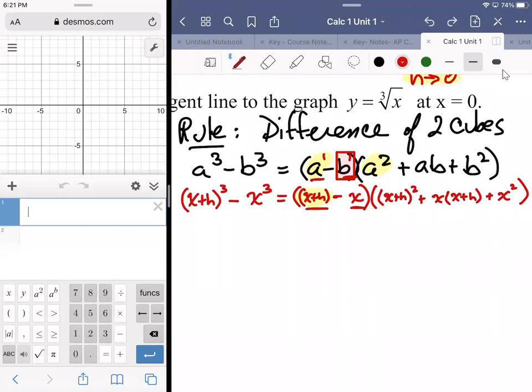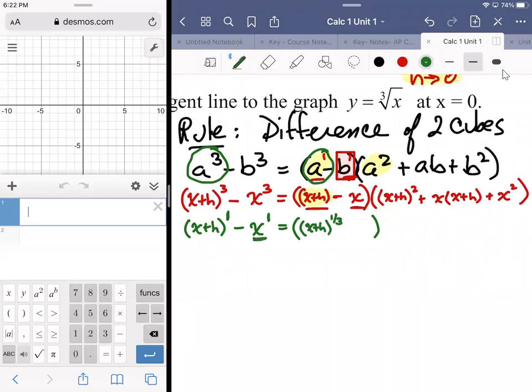But what I actually need here is to end up with a cube root. So if I started with x plus h here, just an x plus h. So x plus h to the first power minus an x to the first power. Since the first entry in the binomial is going to be the cube root of the first entry in your original expression, cube root is what happens when you divide the exponent by 3. I would get x plus h to the 1/3 power.